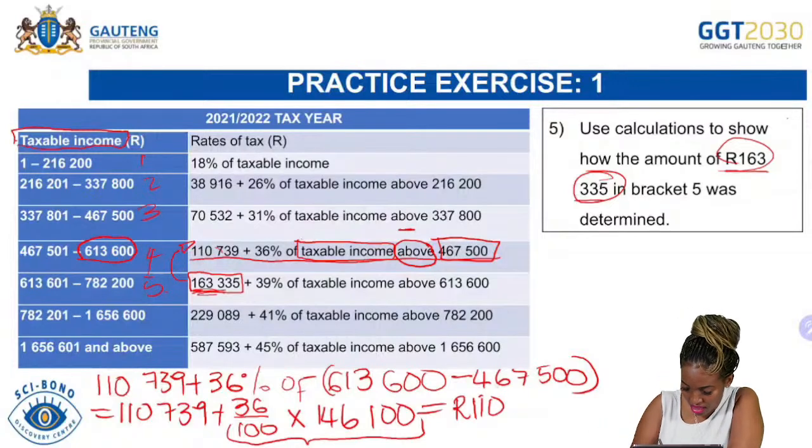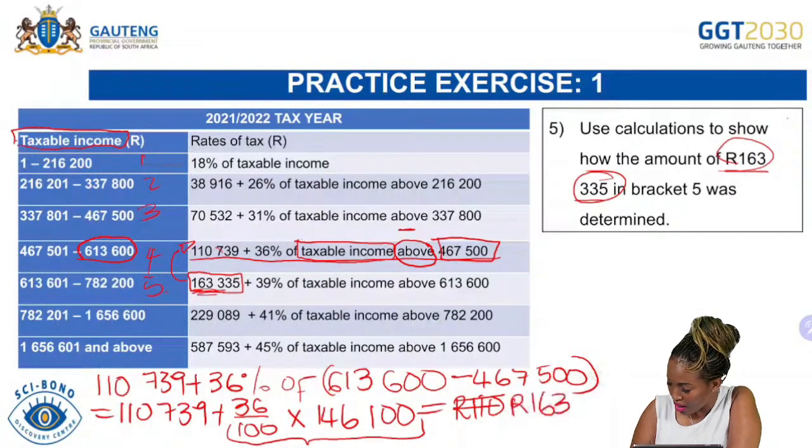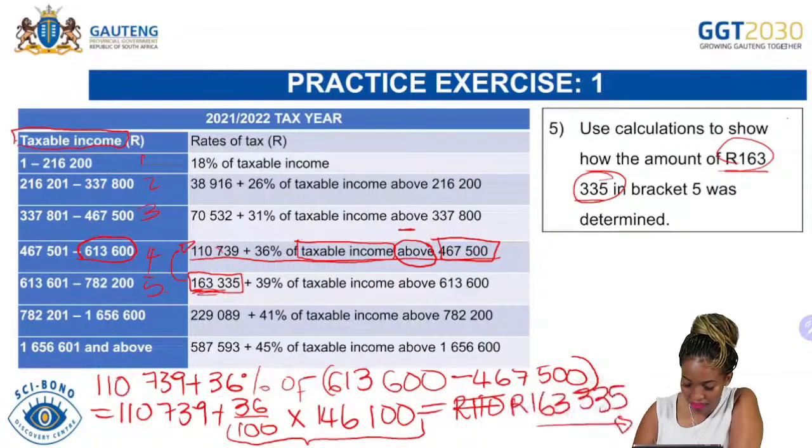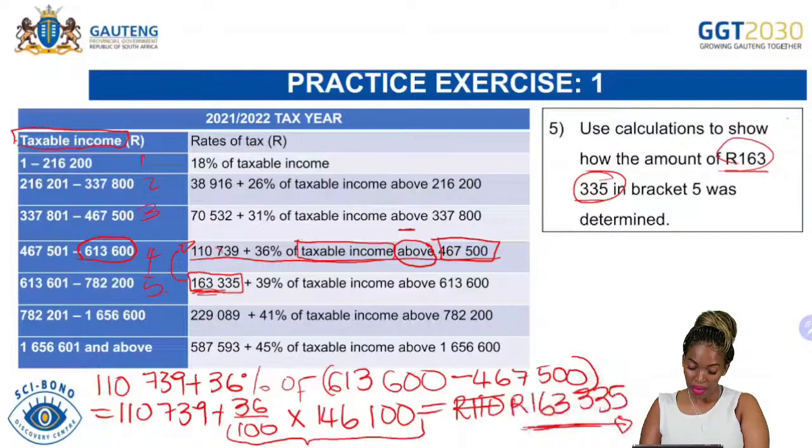The answer that I'm getting is 163,335. But remember, this is the, oh, you wanted to know how this amount was determined.